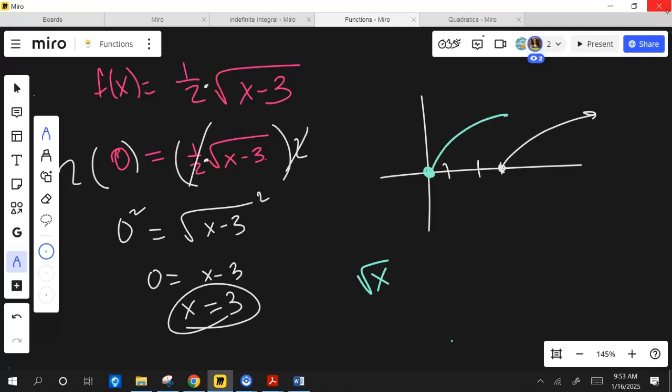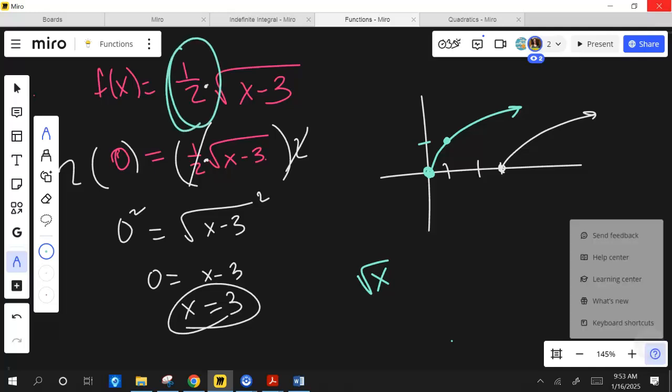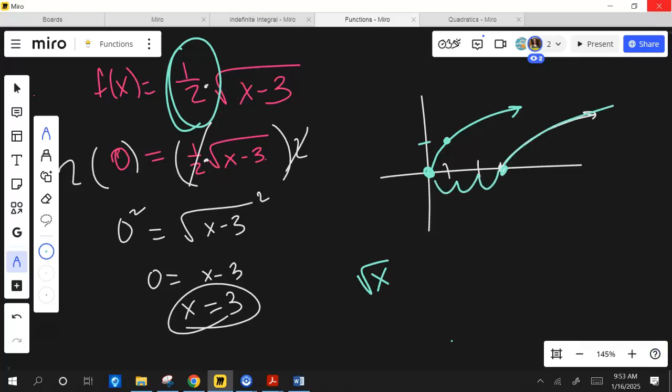Square roots looking like this, cube roots go off in both directions like this. So the parent graph here goes 0, 0, and 1, 1. Remember, you had to have a starting point and a direction point, and we go like this. The only thing that this has done, besides the shrink or stretch here, is it's been slid to the right 3. 1, 2, 3. So that's why that point sits there.